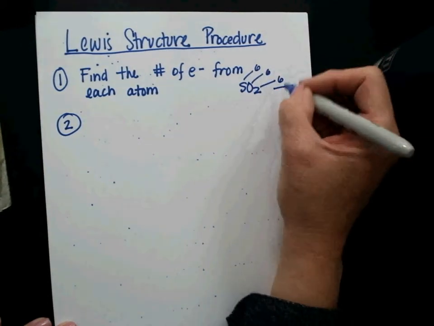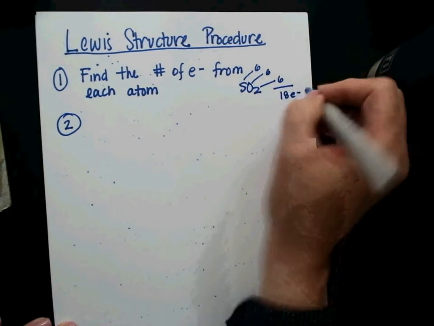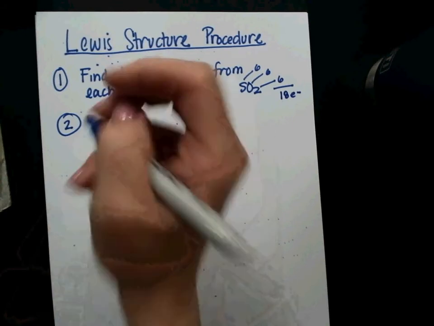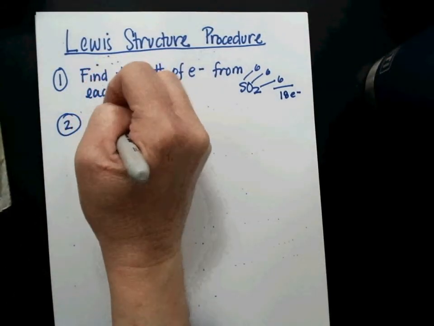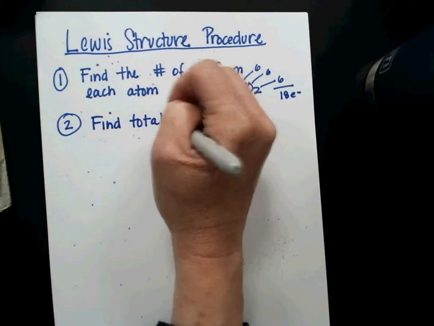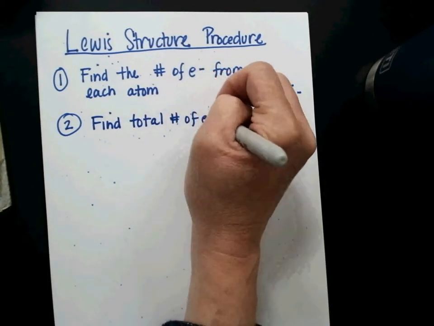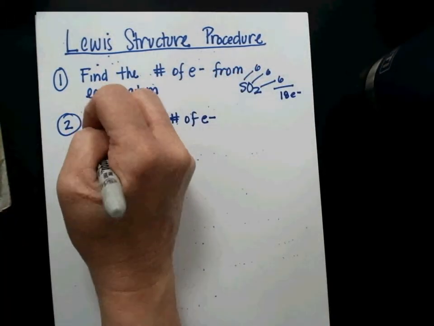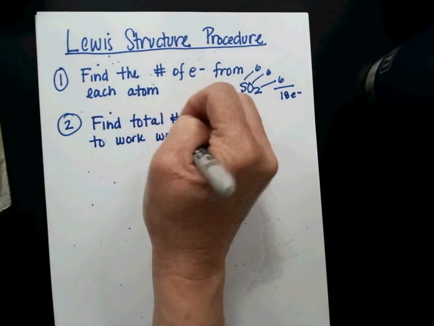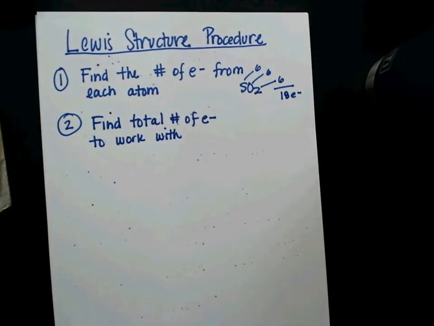So I totally have 18 electrons to work with. So separate them, think of them as individuals, but think of your electrons as a total that you have to work with. So I'm going to say find the total number of electrons you have to work with.